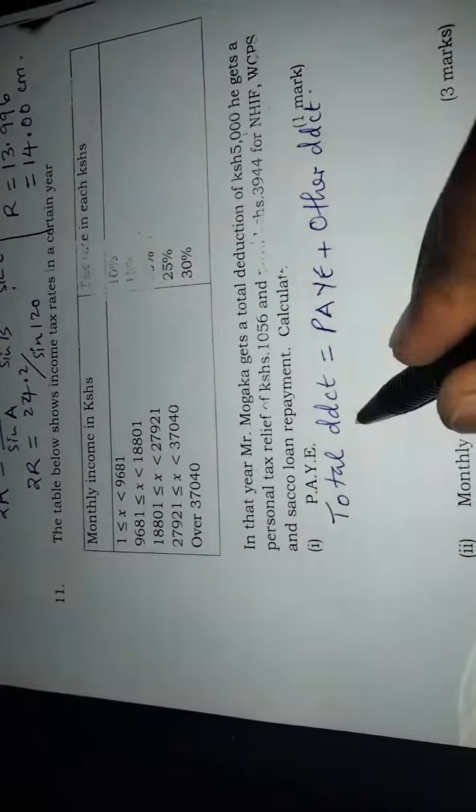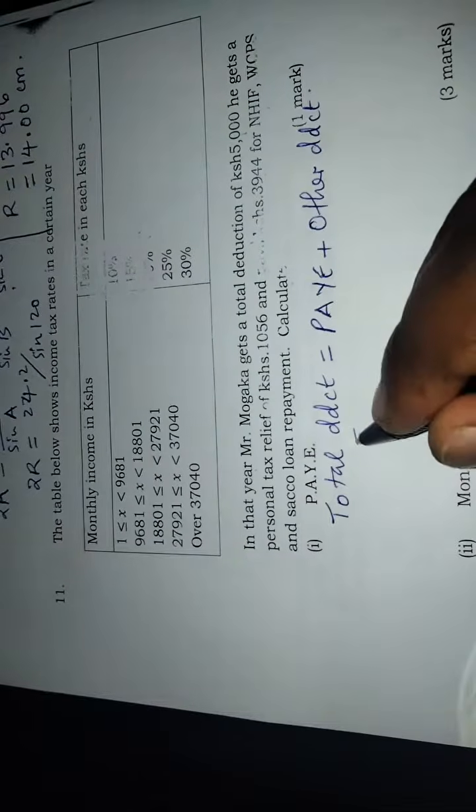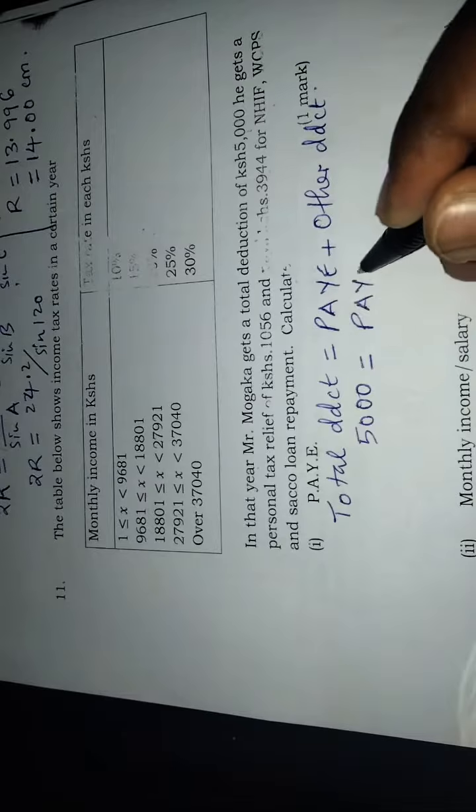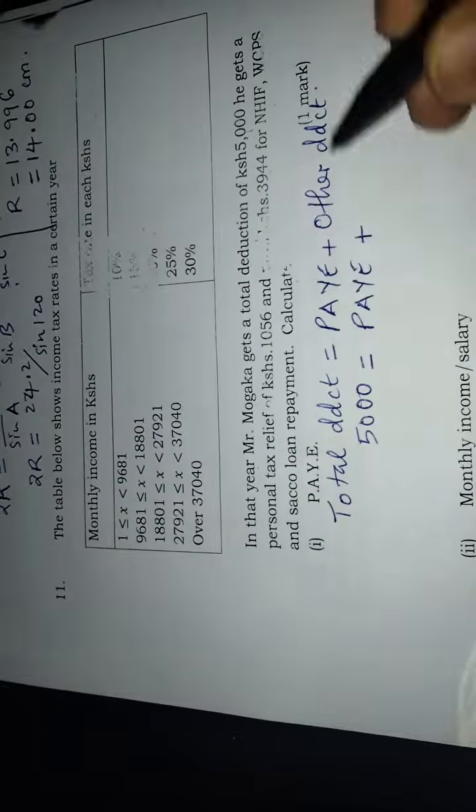Therefore, total deductions for this guy are 5,000. We don't know the payee, but we know other deductions.